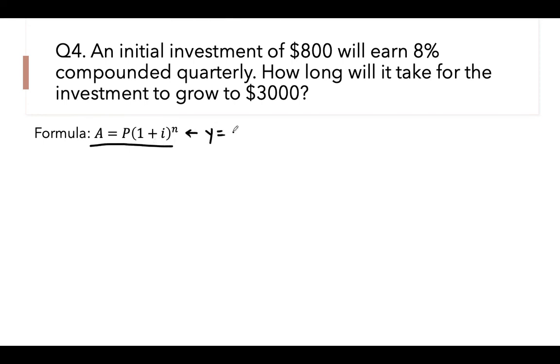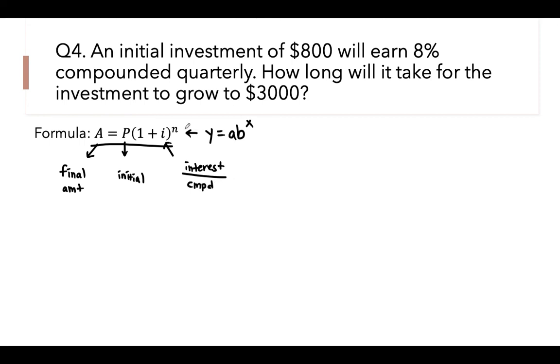Y is equal to A(1 + i) to the n. Okay, so A, as you can see, is the final amount. P stands for the principal amount, which is the initial. Now, i stands for the interest rate divided by the compounding period.